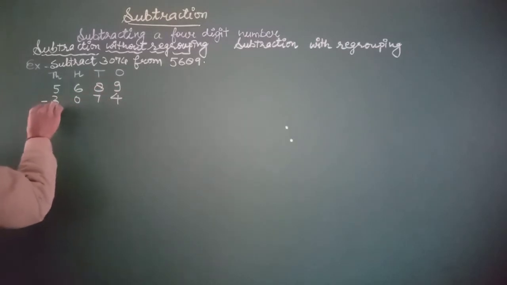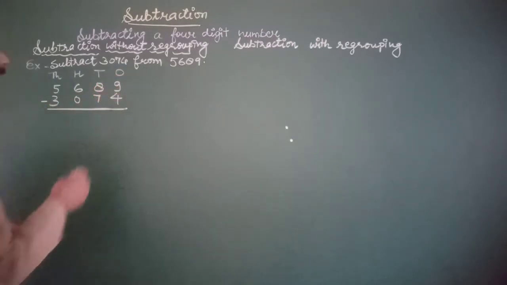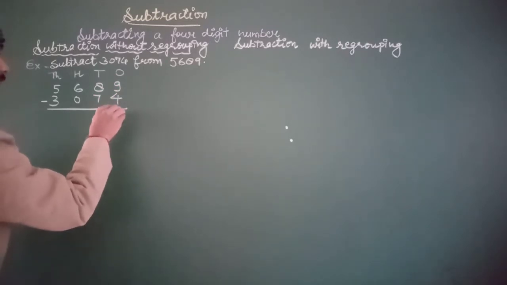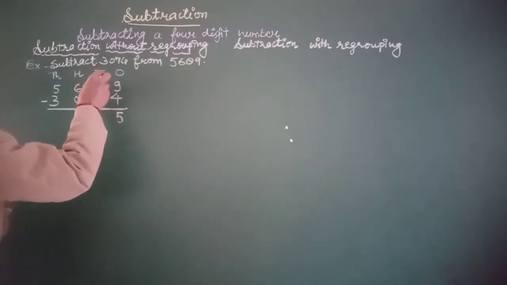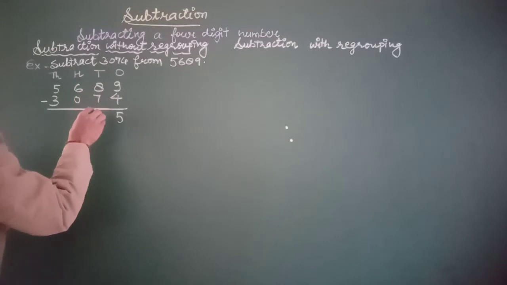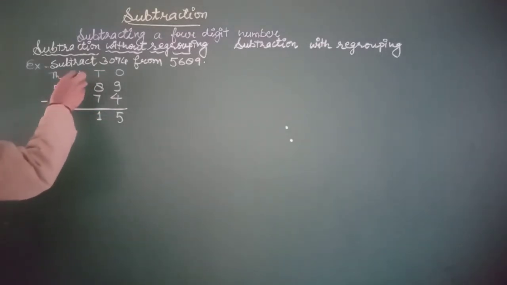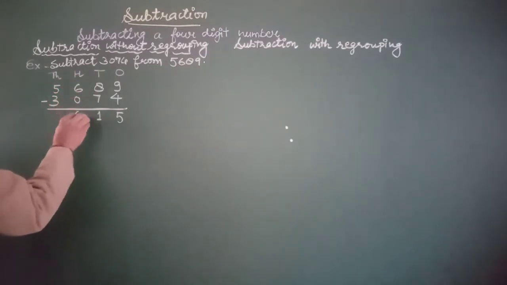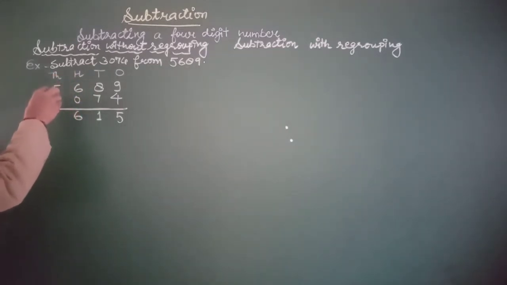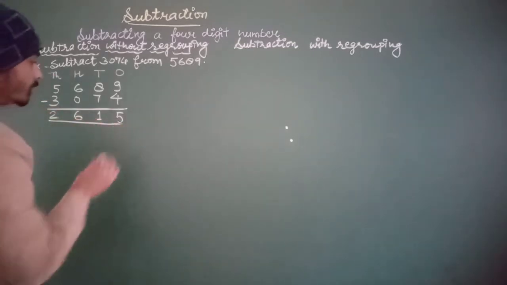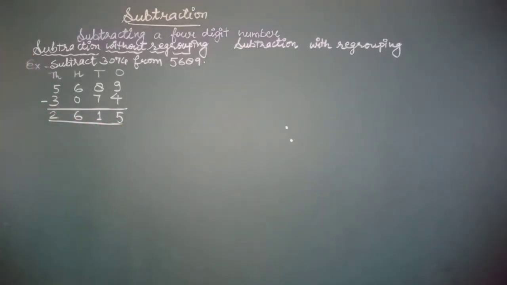Firstly we have to subtract the ones place, so 9 ones minus 4 ones is 5. Subtract the tens place, 8 tens minus 7 tens is 1 ten. Now subtract the hundreds place, 600 minus 0, that is 600. And now subtract the thousands place, 5000 minus 3000 is 2000. So the answer is 2650.